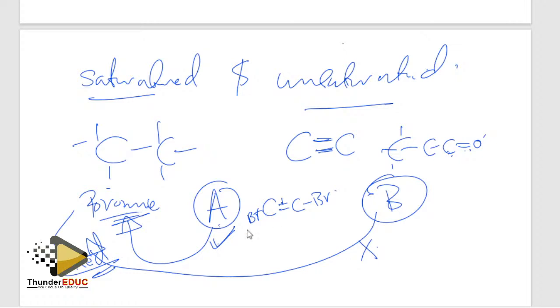Here, there is no double bond, so the bromine water will not be decolorized. So guys, make sure that you know that technique. I have so many questions I can show you regarding this, but I'm just trying to do a highlight, and then we can go through 2-3 questions.